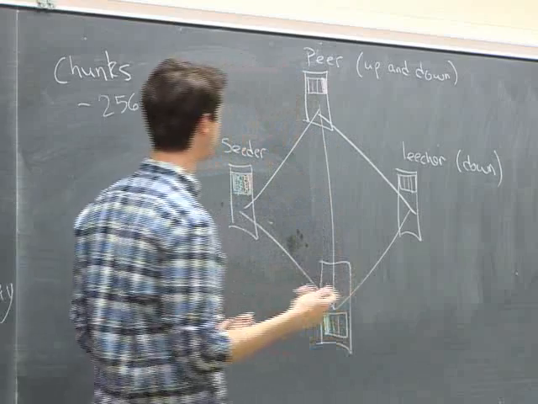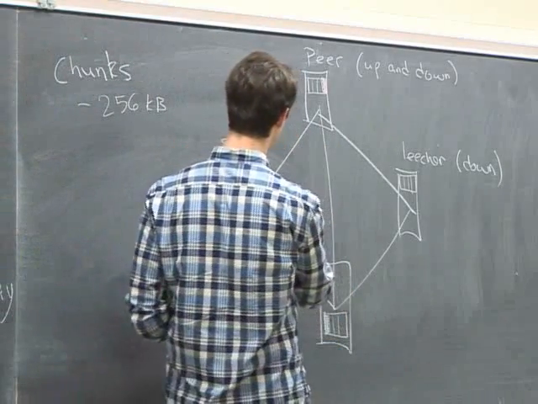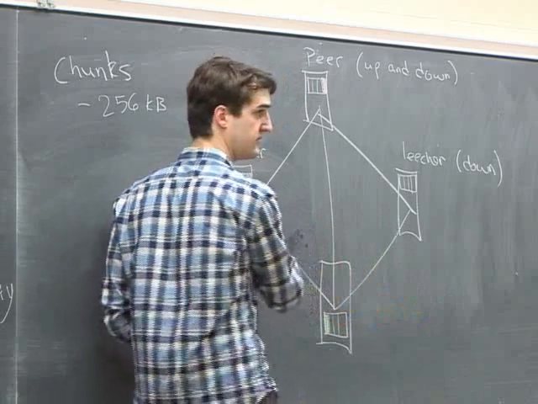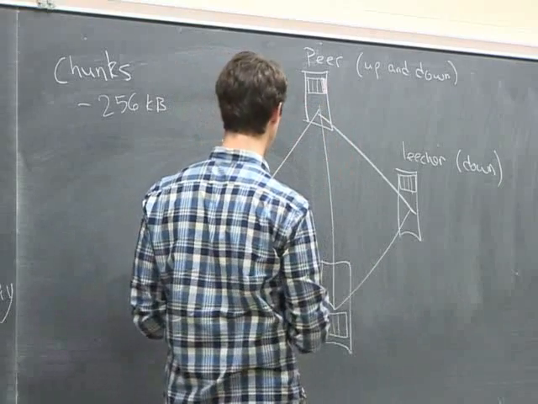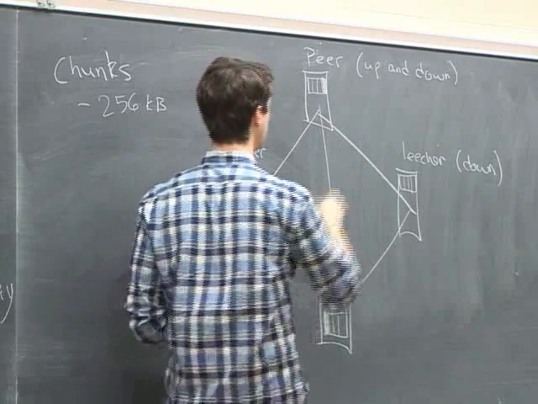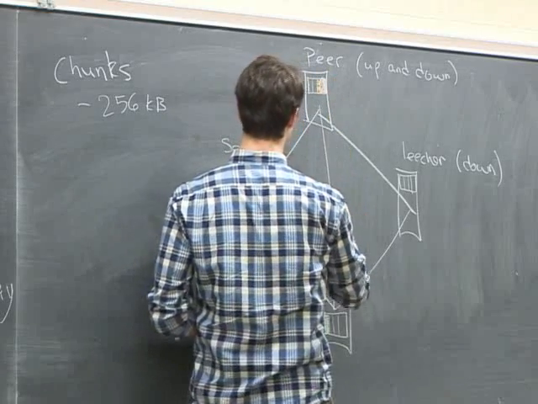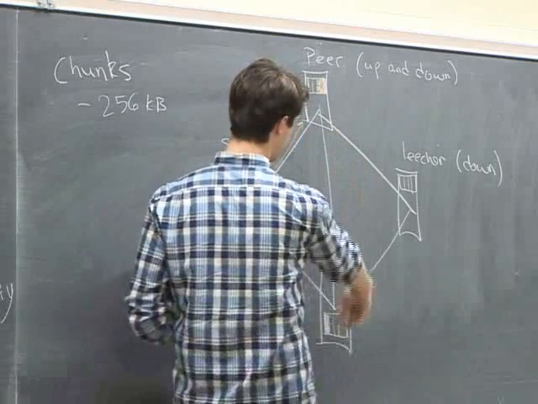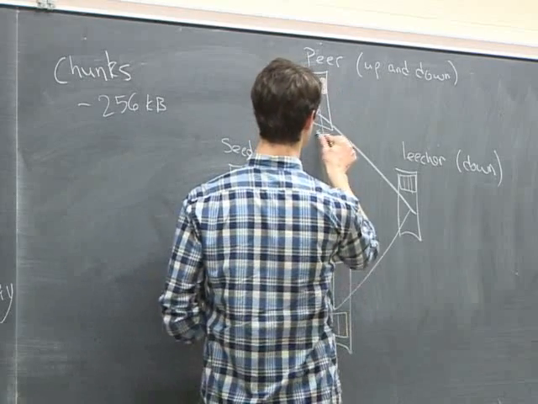What it does is ask for the rarest chunk first. It knows that the rarest chunks in the system right now are the orange and blue chunks, all right? So it asks the seeder for one of those 2. Let's say it asks for the orange chunk. Let's draw an arrow showing where it got it from. And then it asks this peer for the green chunk, so this one sends it the green chunk.